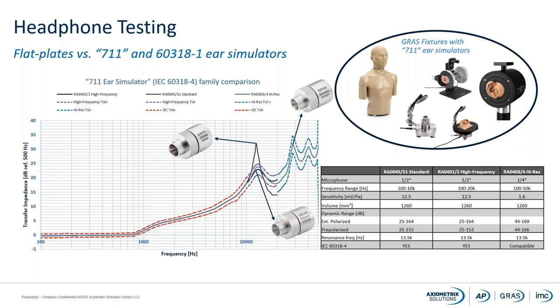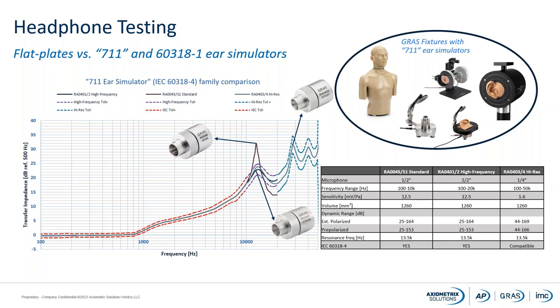And then the ear simulator has a resonance frequency. A resonance frequency at 13.5 kilohertz is a halfway resonance. We have made something we call a high frequency ear simulator. The high frequency ear simulator has a frequency response from 100 Hertz up to 20 kilohertz.